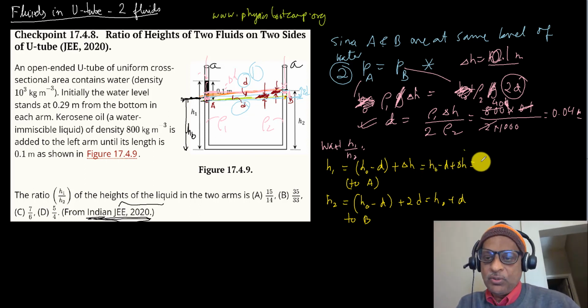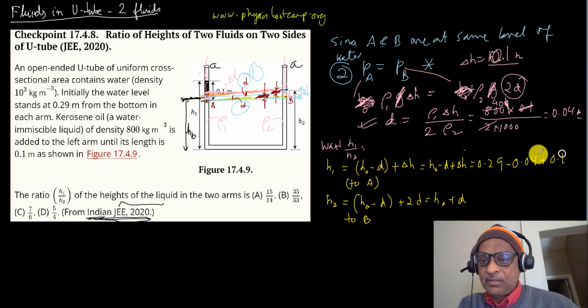So H0 is 0.29 and D is 0.04, plus 0.1. Make sure that you are matching right: 0.25 plus 0.1, and this one matches with that guy, 0.35.